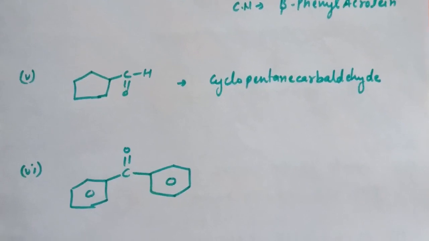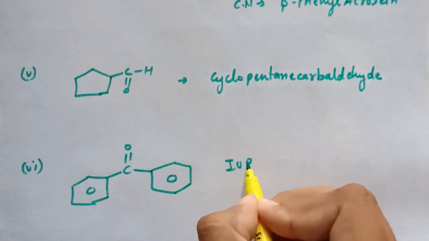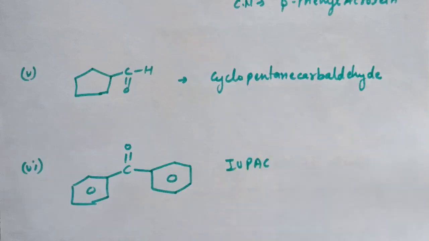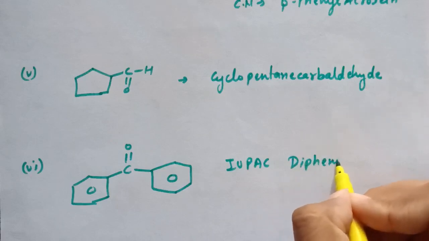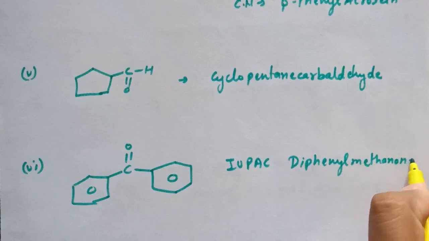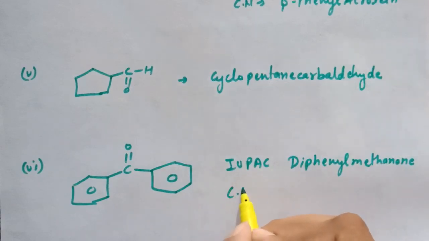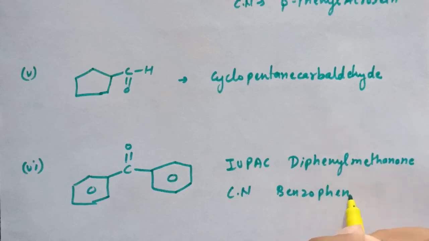Now sixth, here two benzene rings are attached with a carbonyl group and the IUPAC nomenclature is diphenyl methanone, and the common name is benzophenone.